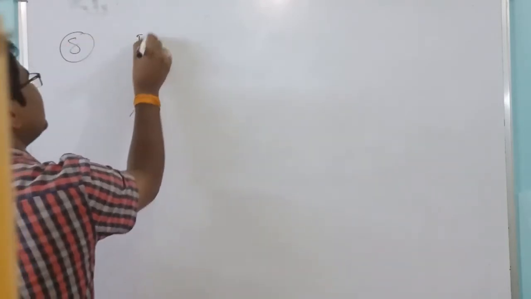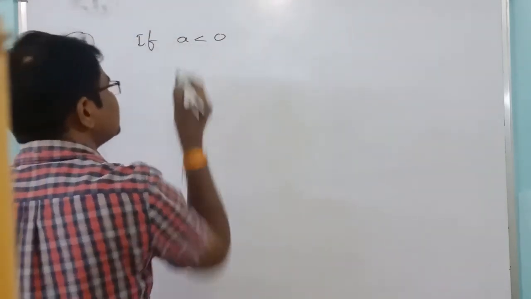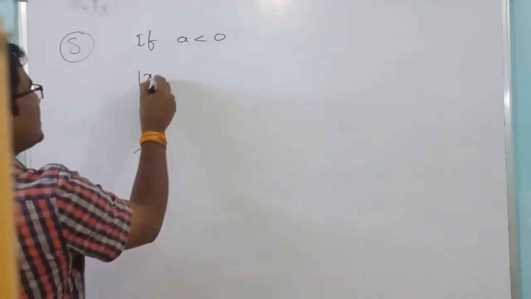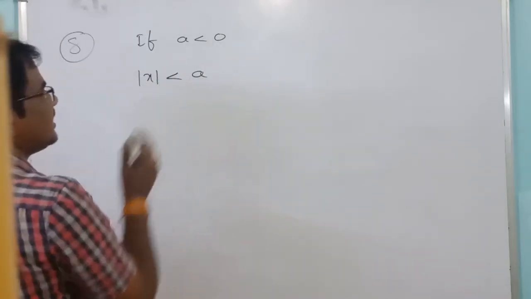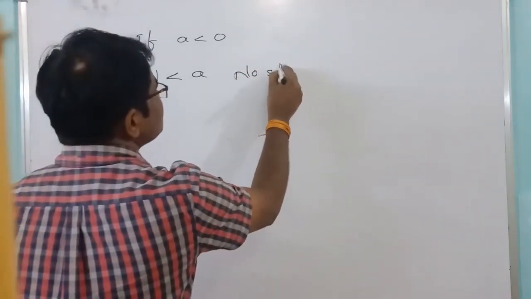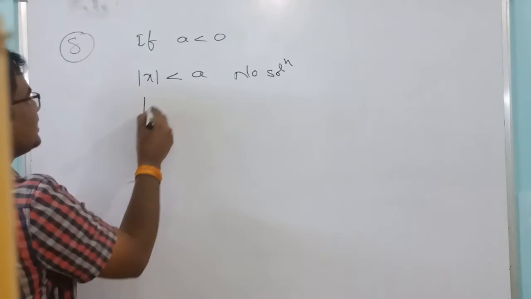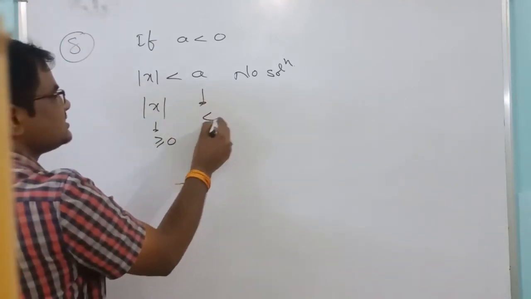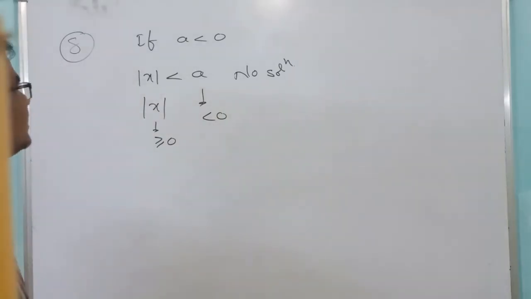In that I will take if a less than 0, means a is negative. Modulus of x less than a or less than or equal to a. Here there is no solutions because here this is mod x greater than or equal to 0. This is less than 0. Right.